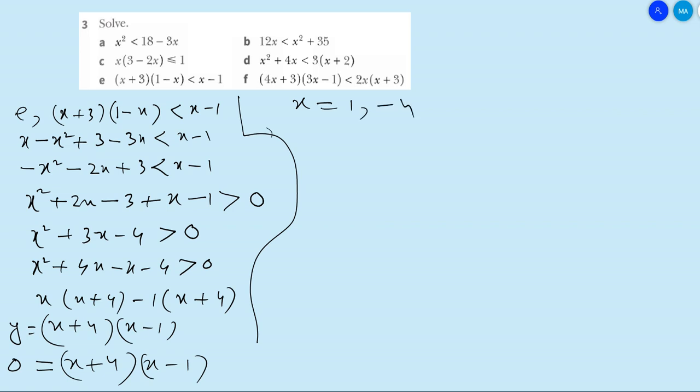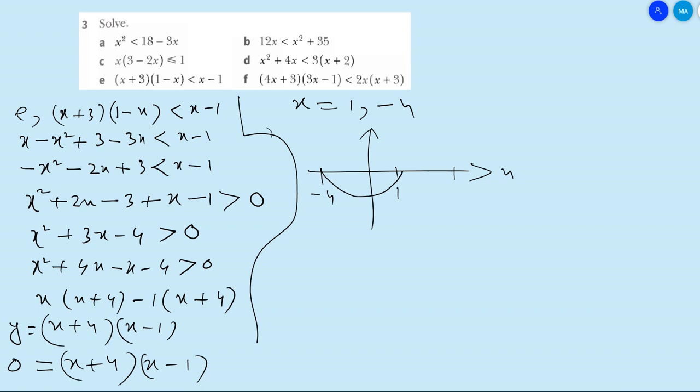Now, draw the graph. This is x, this is y, this is 1, and this is, for example, minus 4. So our graph looks like this.